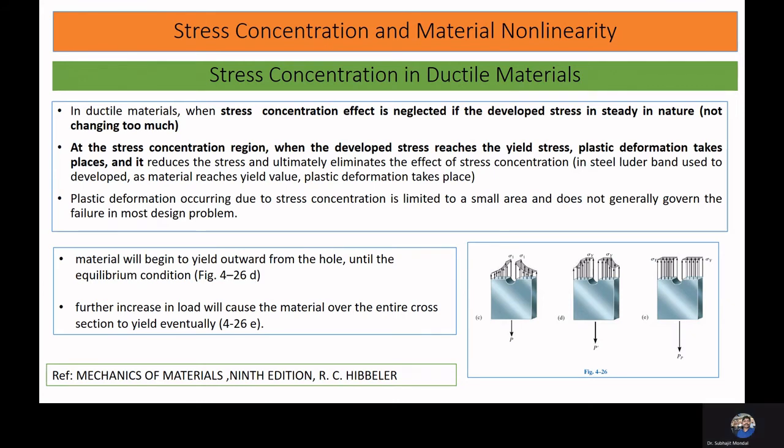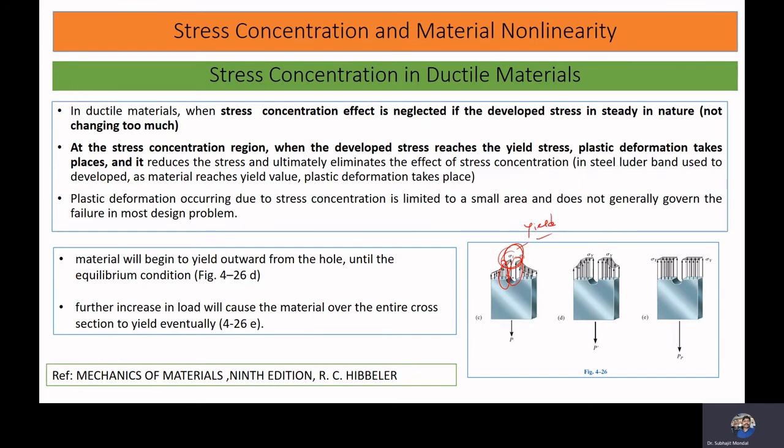If you see a ductile material with some stress concentration, you will observe that the effect of stress concentration is neglected in the case of ductile material. So what happens? Initially there will be some stress concentration in this zone, and the material here will reach its yield value first.